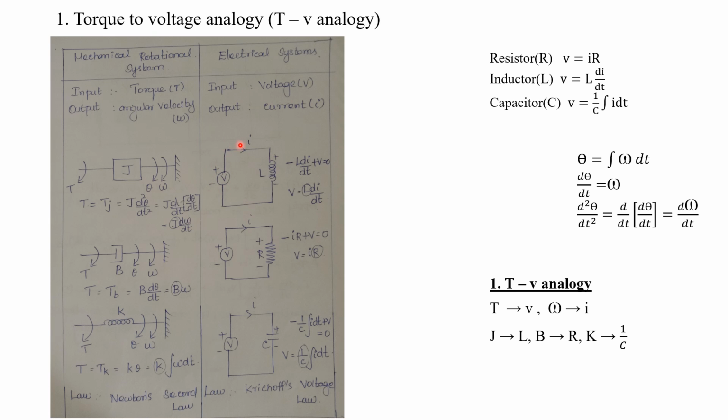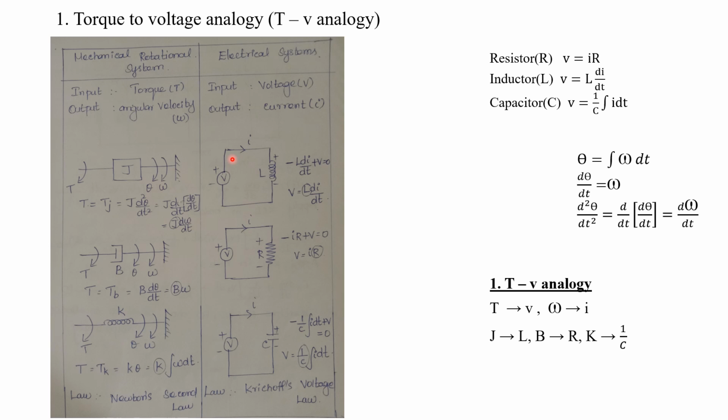Due to this voltage, there will be a current represented by I. Now this forms a closed loop. In this loop, we can apply Kirchhoff's voltage law. To apply it, we have to put plus and minus along the direction of current flow. We can start from here, go through this circuit like this, and end at the same point.